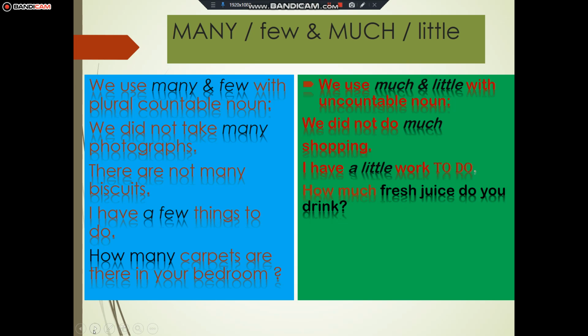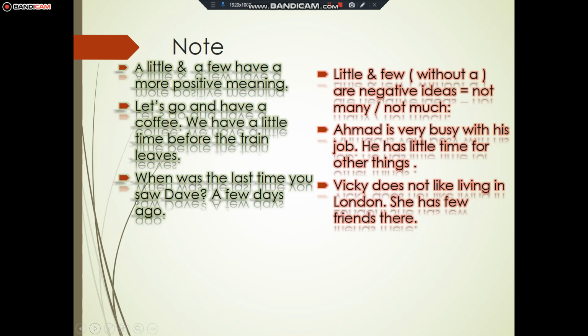Now guys, there are some notes about countable and uncountable. When I say a little and a few, little and few, there is a little bit of difference between them. A few and a little have a more positive meaning.